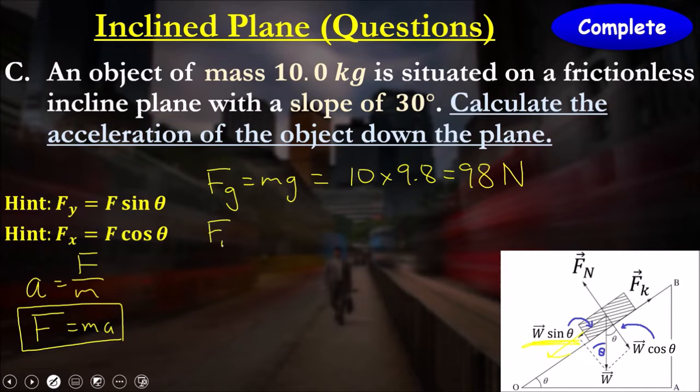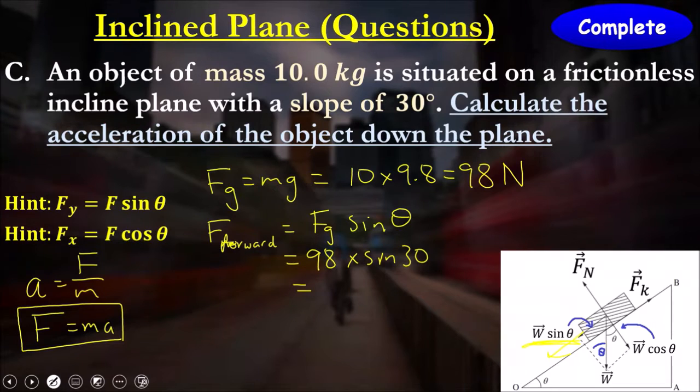So the net force, or the forward force, is equal to Fg sine theta. So 98 times sine 30. So you get a net force or forward force of 49 newtons.